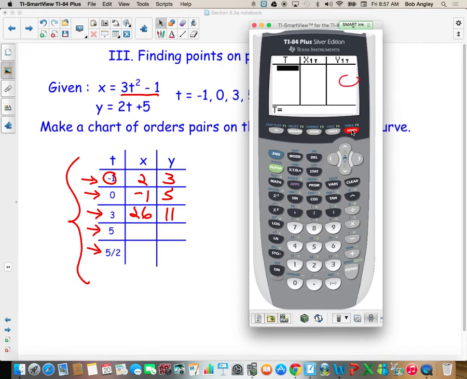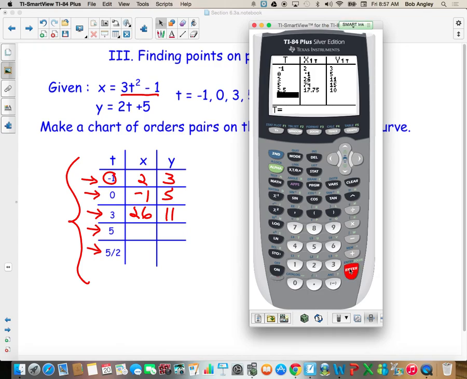When you do, you'll see that it's got a little chart like we have here. Now all we need to do is type in our t-values. If we put in -1, then it fills in the stuff. We put in 0, 3, 5, and 5 divided by 2, and it gives us the numbers.